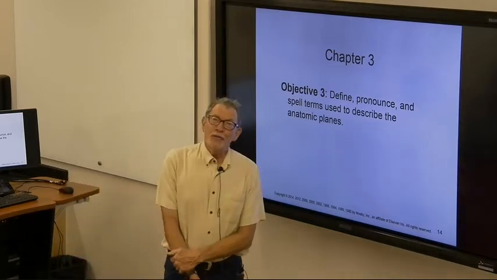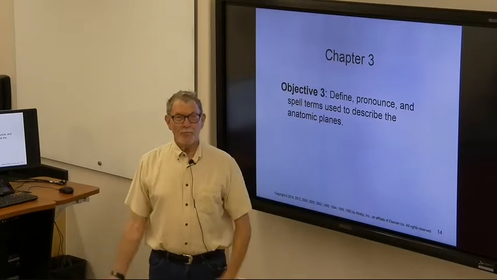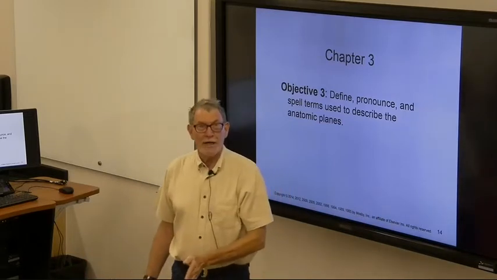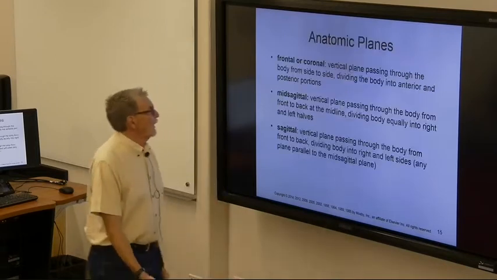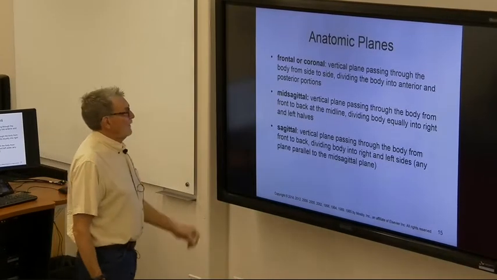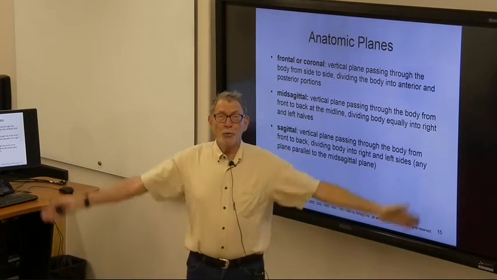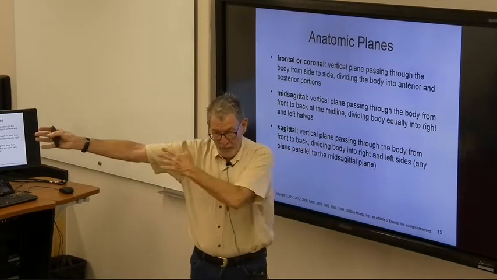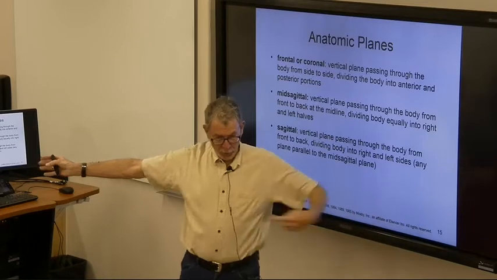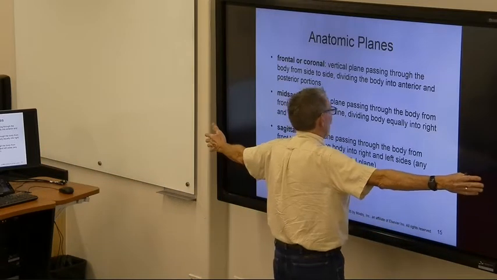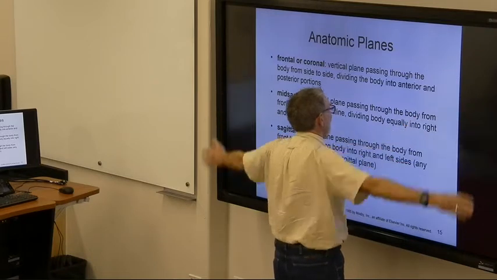Okay, now let's do the anatomic planes. These planes of motion are the way that you can slice a body so you can look at it with an X-ray or an MRI. Your planes are three. You have the frontal plane, which is even with your front, so it goes this way. If I'm standing against the blackboard, I can move in the frontal plane.